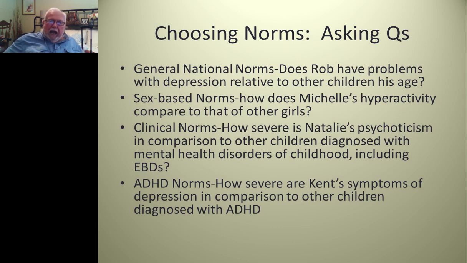So the general national norms would answer a question like this. Does Rob have problems with depression relative to other children his age? The sex-based norms would answer a question like hyperactivity compared to the girl. The clinical norms, how severe autism in comparison to other children diagnosed with mental health disorders of childhood.